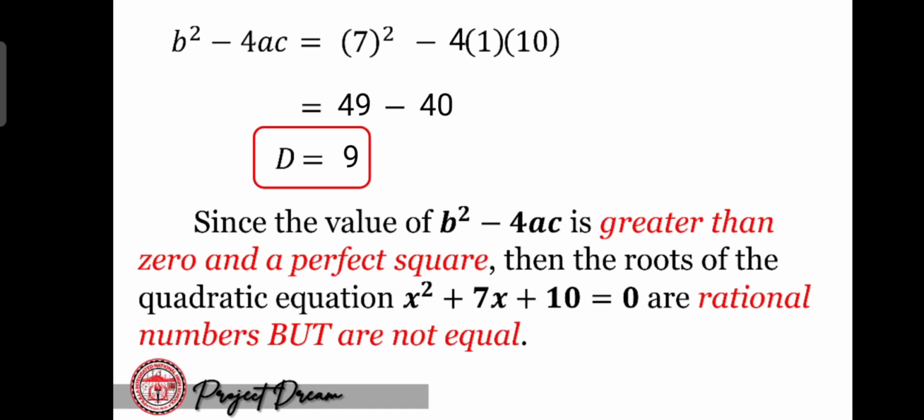Since the value of our discriminant is greater than 0 and a perfect square, then the roots of the quadratic equation x squared plus 7x plus 10 is equal to 0 are rational numbers but are not equal. To find out, let us try to check.